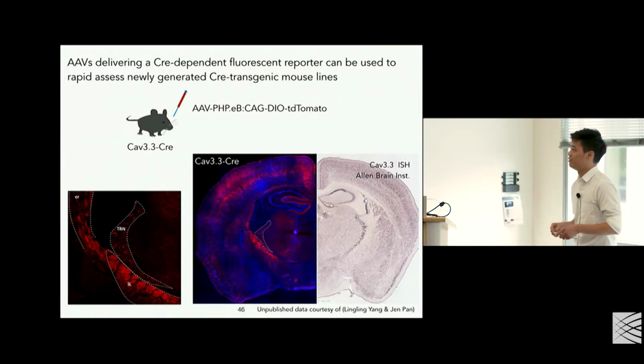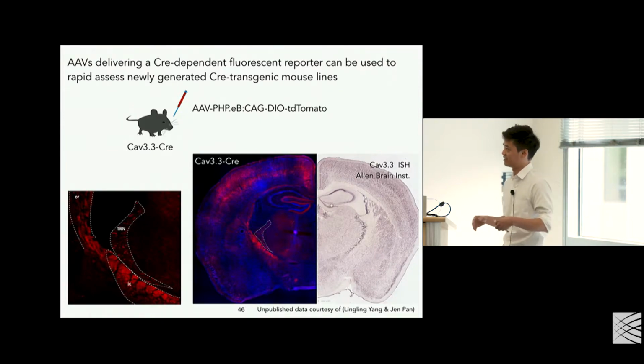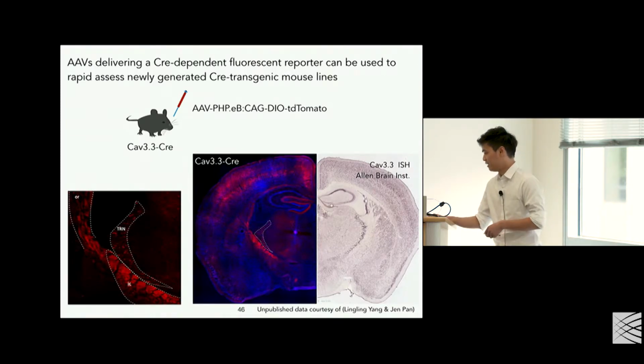If you use a mouse reporter line, it marks the Cre positive cells early on in development, and that mark will persist into adulthood, but it won't tell you whether or not your Cre is still active in adults.